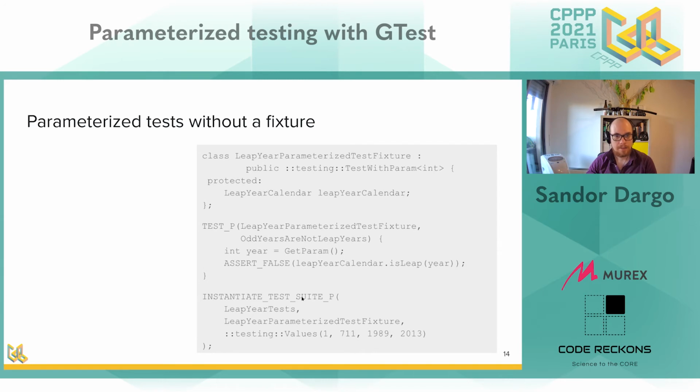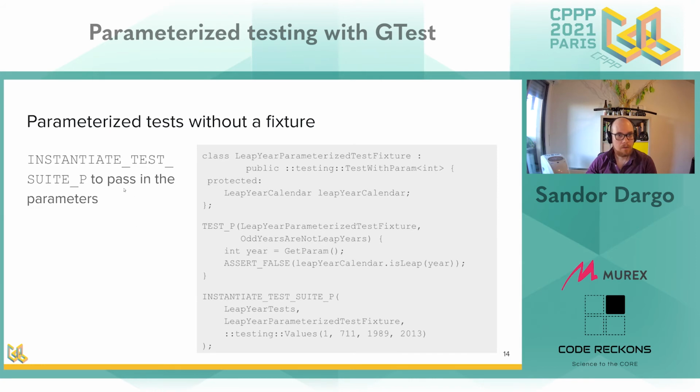Then the last thing you have to do is this INSTANTIATE_TEST_SUITE_P macro, where you give the suite name, and then you use the name of this class as a second parameter, and then you write your values. You pass your values in this, let's say, list.